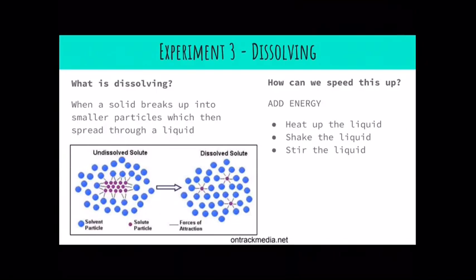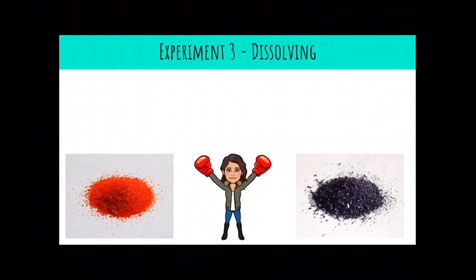Okay, so what we're going to do now is look at an experiment which is going to compare two substances. In the left corner, we have ammonium dichromate with the chemical formula (NH4)2Cr2O7 and a mass of 252 grams per mole.